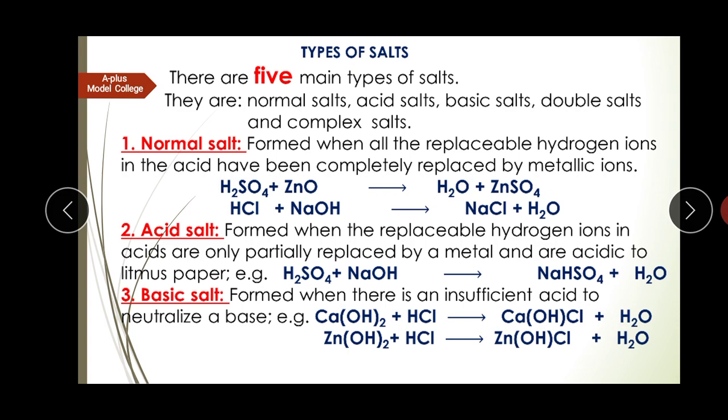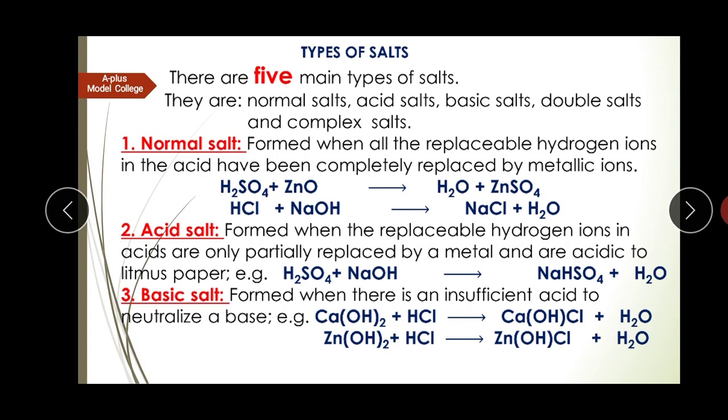A normal salt, what is a normal salt? A normal salt is formed when all the replaceable hydrogen ions in an acid have been completely replaced by metallic ions. Don't forget, if all the replaceable hydrogen ions are removed, like with HCl, when you react HCl with a base or an alkali, if all the H is removed, like look at the first equation, the second equation, HCl plus Na, you can see that all H has been removed and replaced by Na in the right equation.